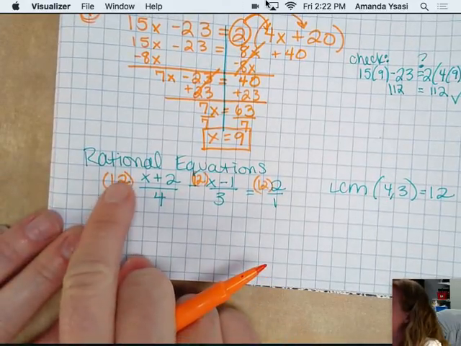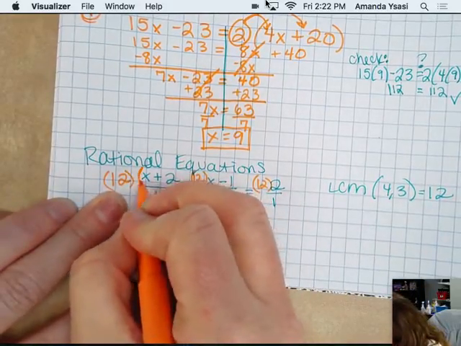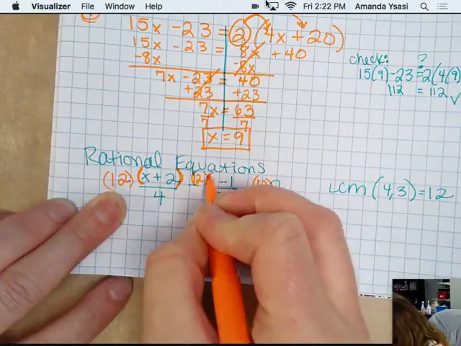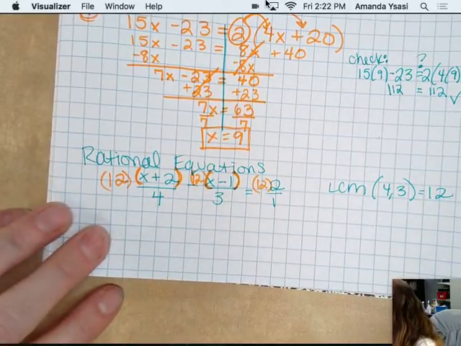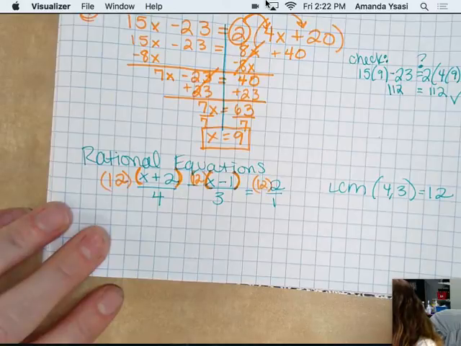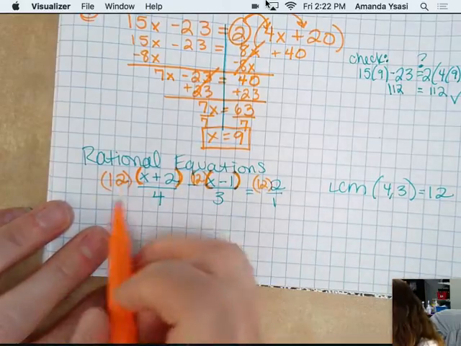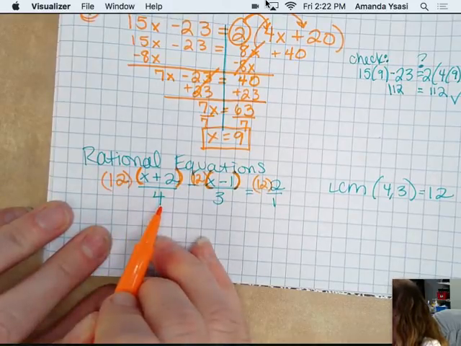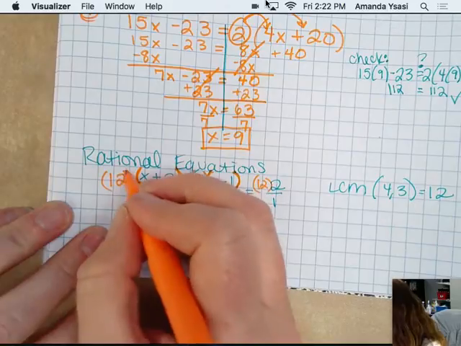That means that I will keep this like this. Go ahead and put parentheses around the term that's the numerator. This is going to help us get rid of that denominator because we have a 12 over 4 and then x plus 2. What does 12 over 4 reduce to? 3.